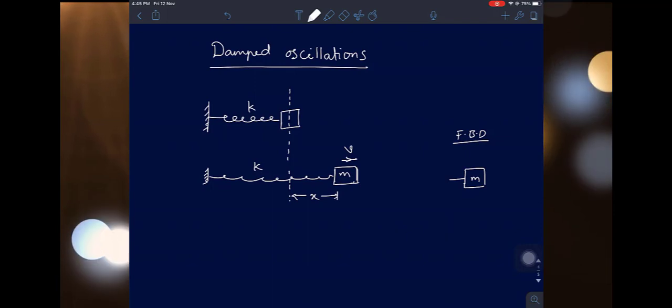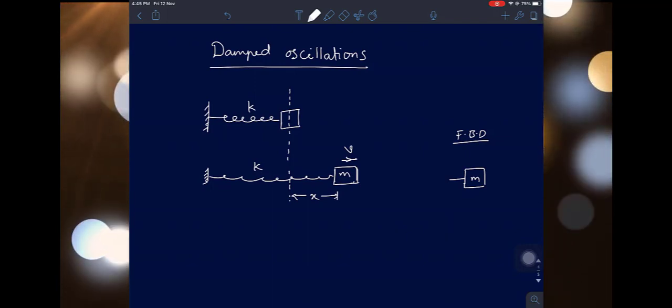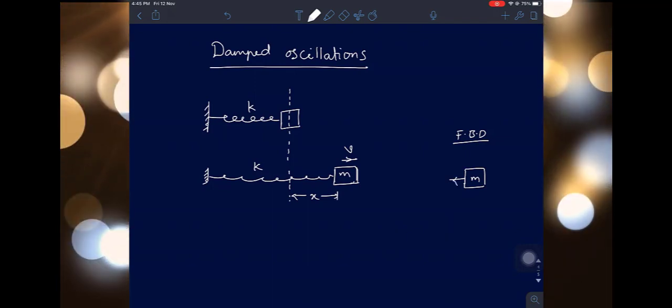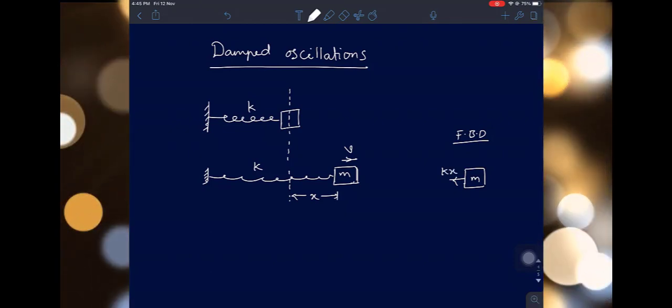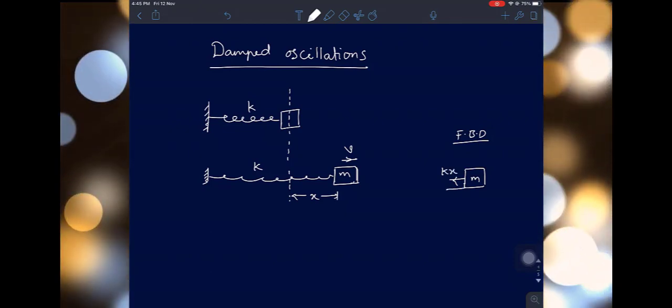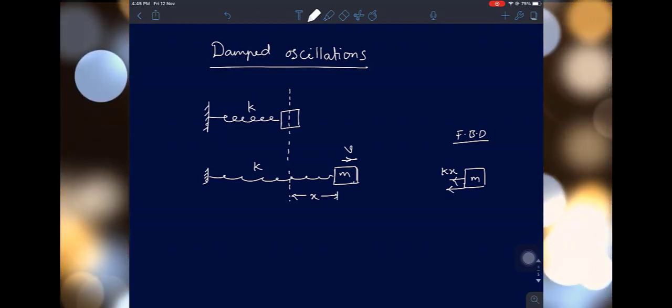For the scenario that we have taken, there is a force kx acting leftwards and there is a drag force acting leftwards, because velocity is rightwards, so that's why the drag force is left.